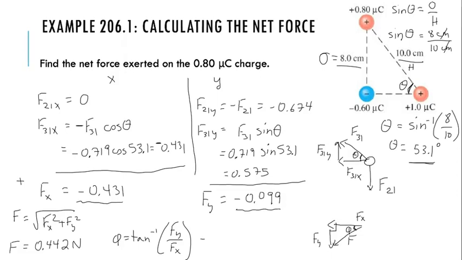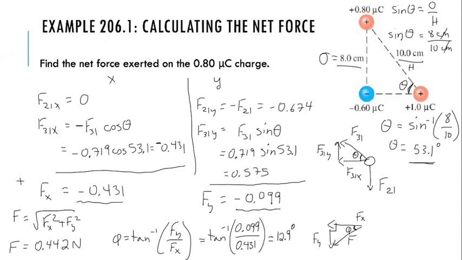I usually just plug in the positive values because I just want a positive answer from the calculator. Otherwise, if you try to interpret the positives and negatives that the calculator gives, it might get a little confusing. So I just put in the positive values and I get 12.9 degrees.